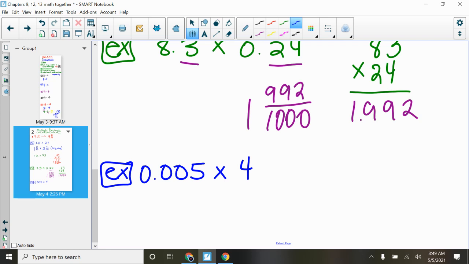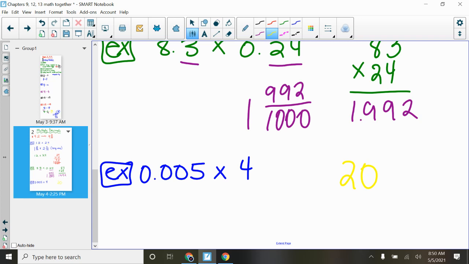Doesn't matter if it has 25 zeros in front of it, it's still a 5, right? Because all those zeros in front don't give it any value. So this would just be a 5, and that would just be a 4. So if we multiplied those together, what would we get? We don't even need to write it down, do we? We'd get 20, okay?